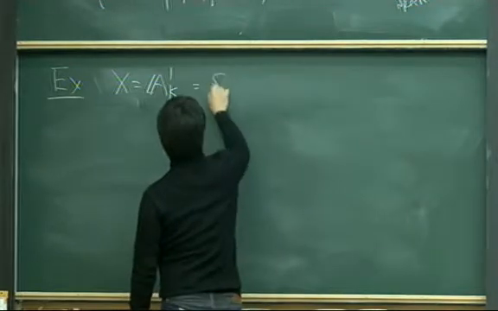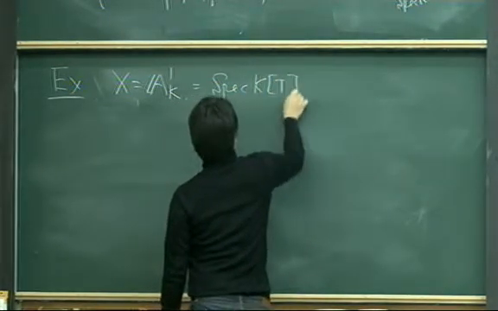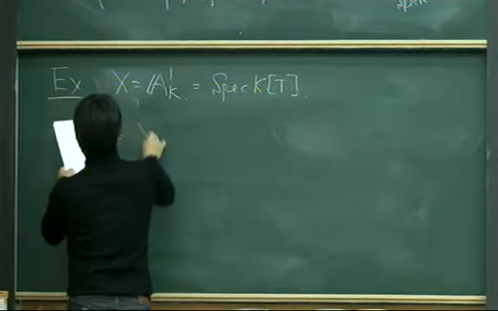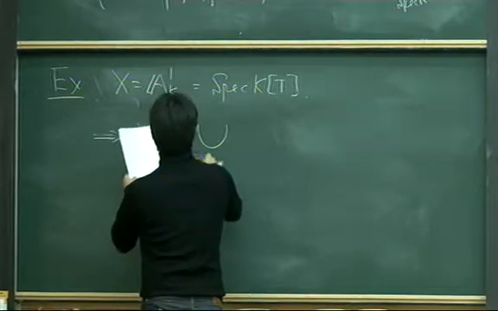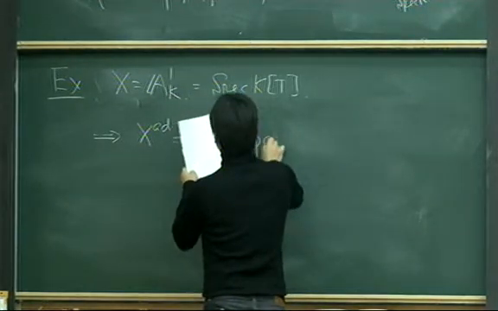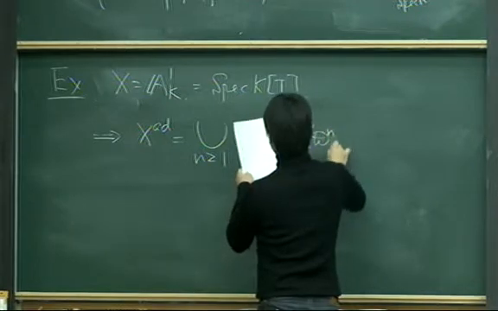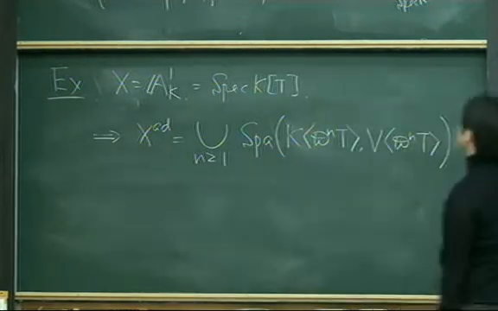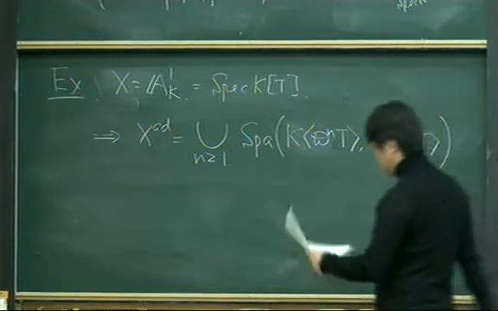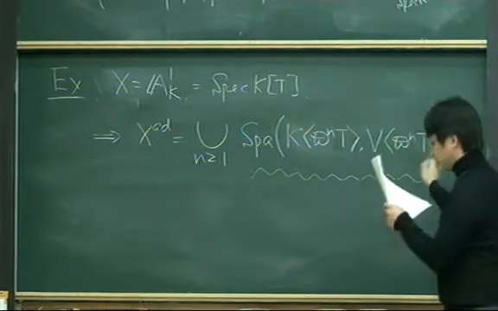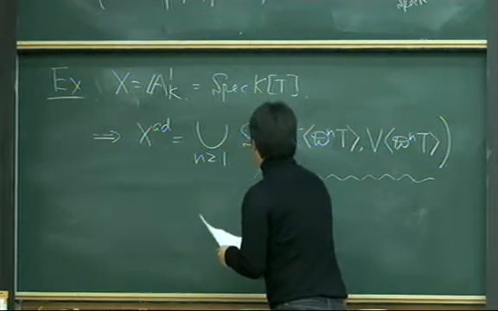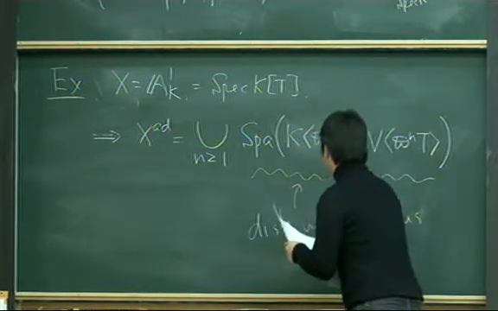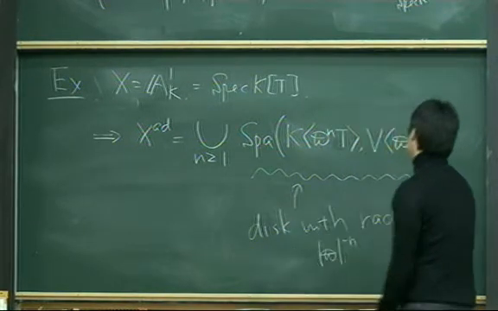This is Spec K[T]. Then X^ad is the union of these analytic spectra, and each analytic spectrum is a disk with radius the absolute value of pi to the minus n.